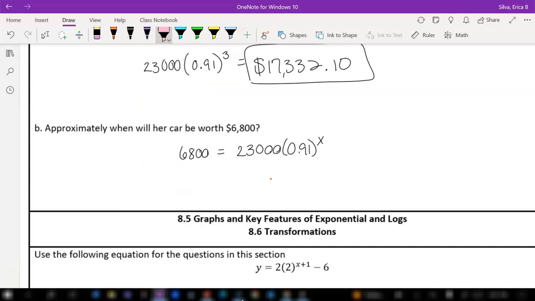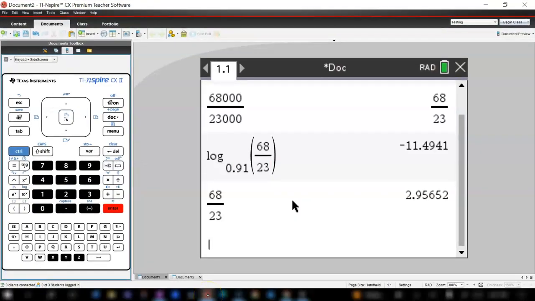And because my exponent is an x value, we're going to convert this into log form so we can solve for that x value. To solve for x, we isolate the number that has that exponent. That means we're going to divide both sides by 23,000. Use the calculator.